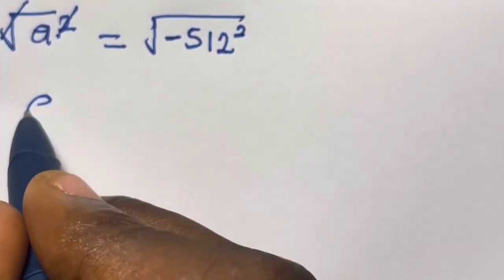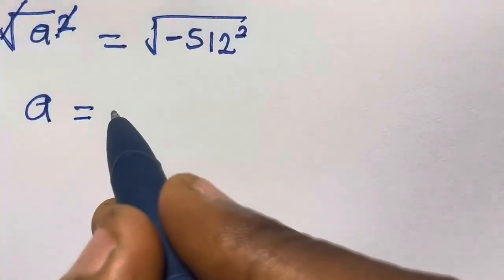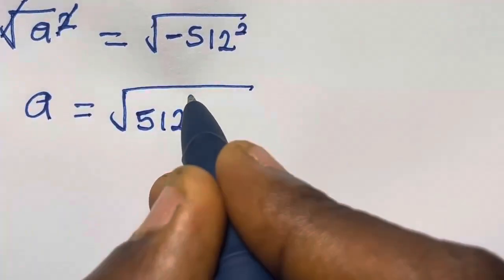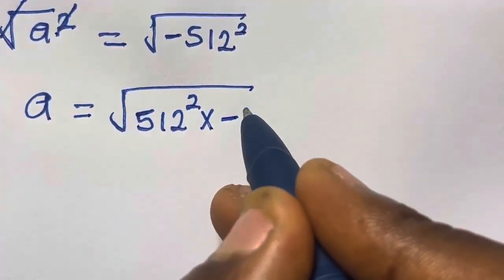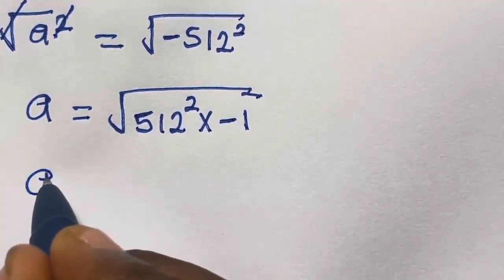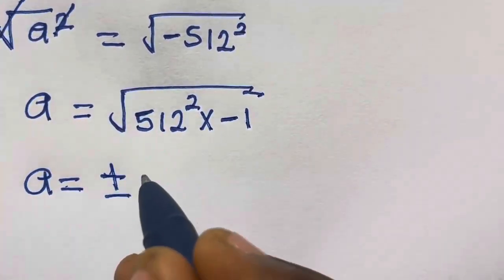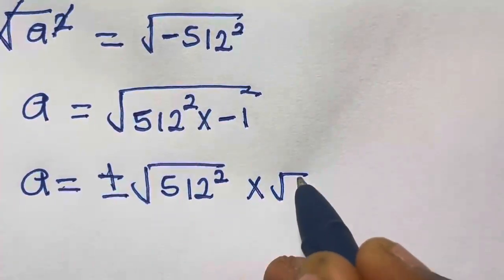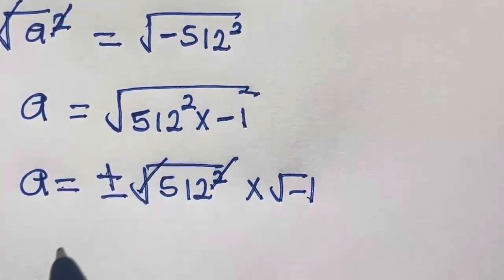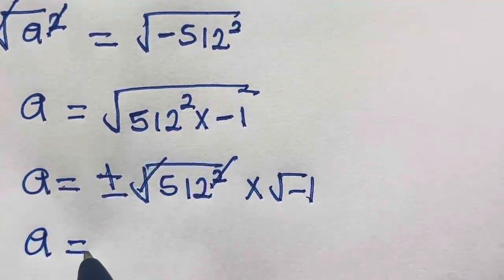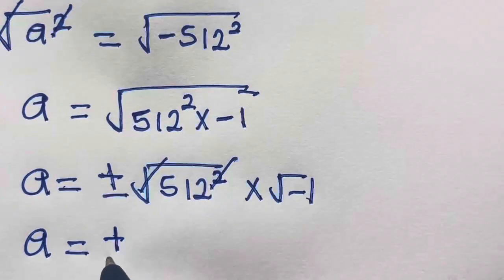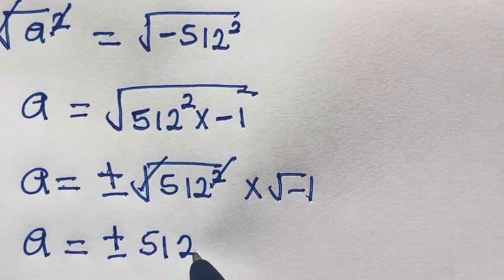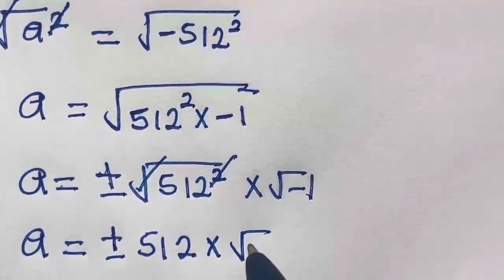So we have a equals, this will be 512 squared times minus 1, and a equals plus or minus square root of 512 squared times square root of minus 1. You see that this cancels this, so we have a equals plus or minus 512 times square root of minus 1.